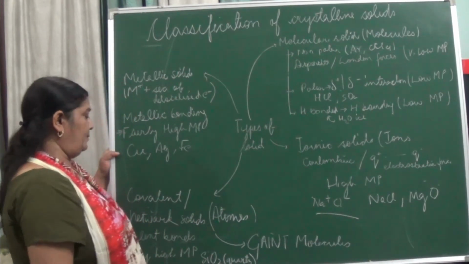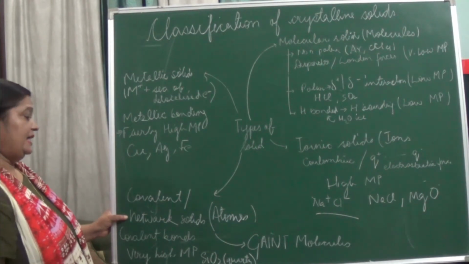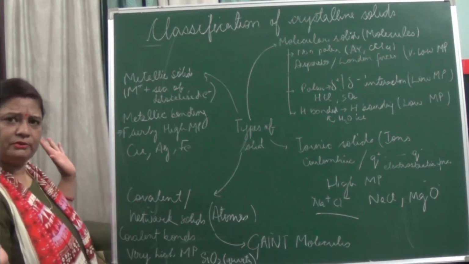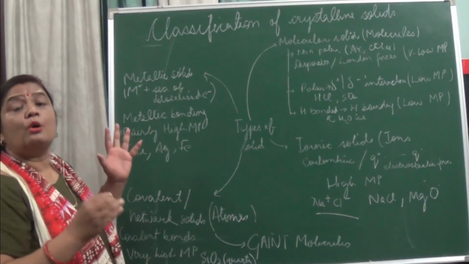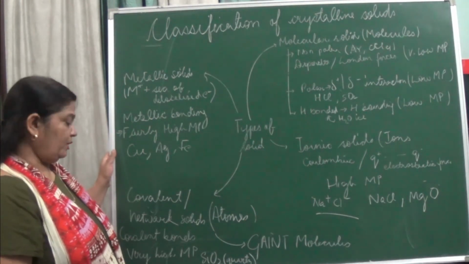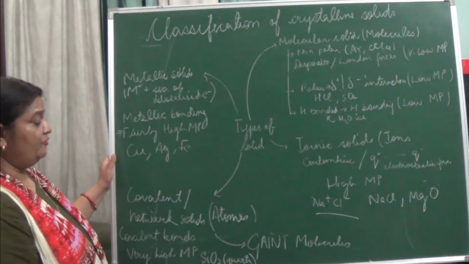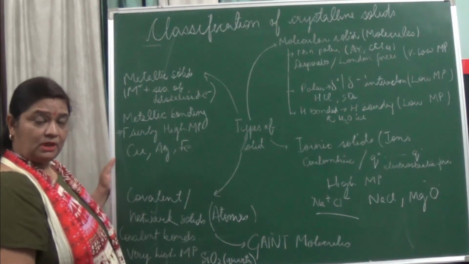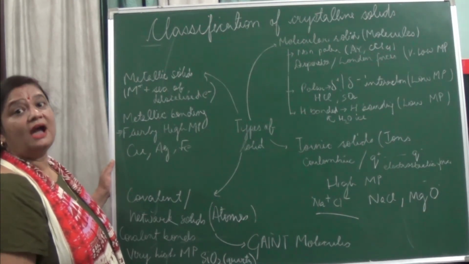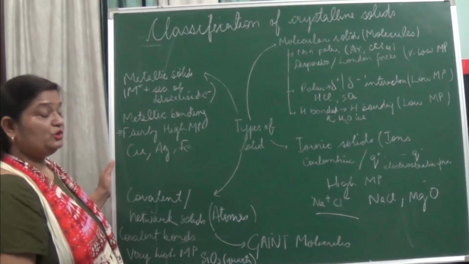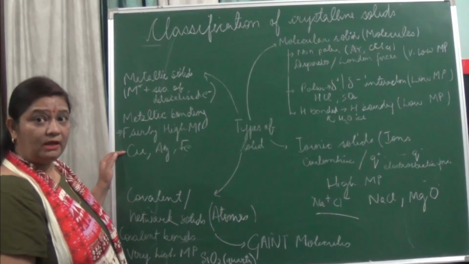Now coming to covalent or network solids. These are giant molecules. Actually these are made up of atoms which have covalent bonds between them. So if covalent bonds are present and these are giant molecules, naturally its melting point will be high, because to break those giant molecules, a tremendous amount of energy will be required.